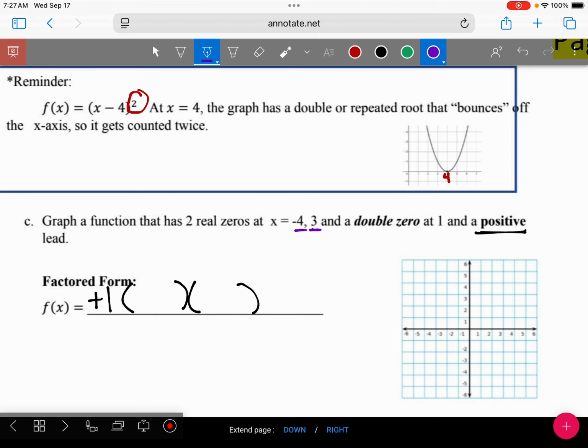Sorry, so here, here. And then this one, it bounces. So there's 3, so we need to make 1 more. Now, when it says it bounces, what this tells me, bounces is a double 0. That means it's going to bounce at 1. So that one factor is going to be squared. So I'm going to take this, put an x in front of each one.